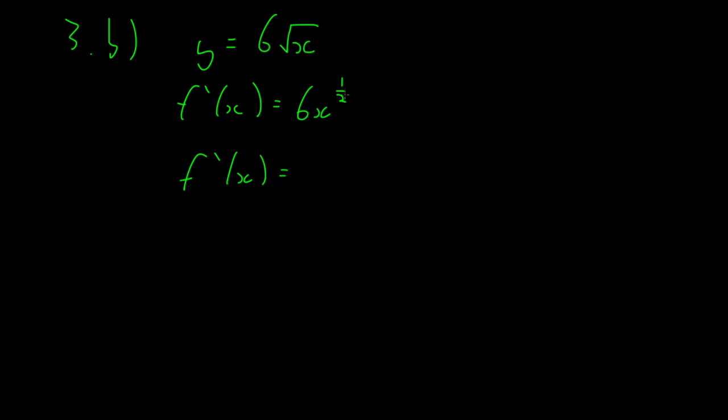So 1 on 2 times that, so 3x to the power of minus 3 on 2. So then what we're gonna do is, what have I made a mistake here?